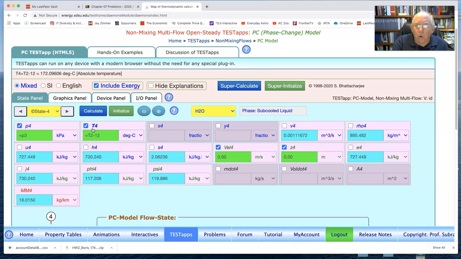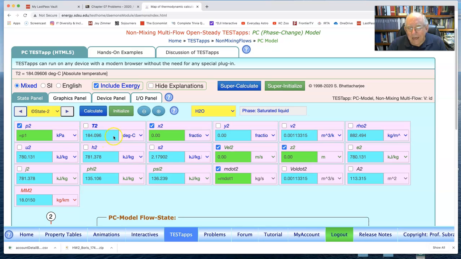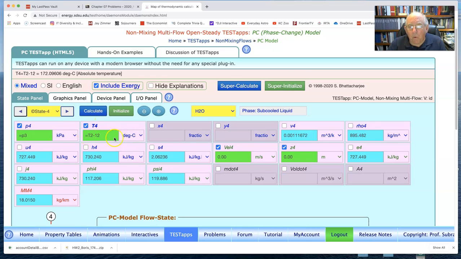So whatever that corresponds to. Okay, that's that temperature. So temperature 2 was 184 Celsius. And so temperature 4 is actually 12 degrees lower than that. So we have the pressure, we have the temperature, and again, we know that the m dot is equal to m dot 3. And so it stays white because it hasn't been calculated yet.